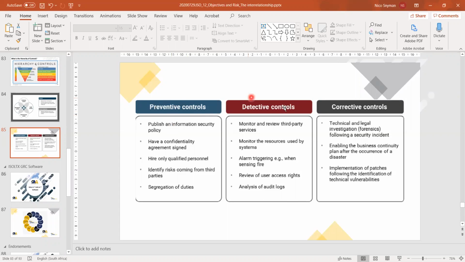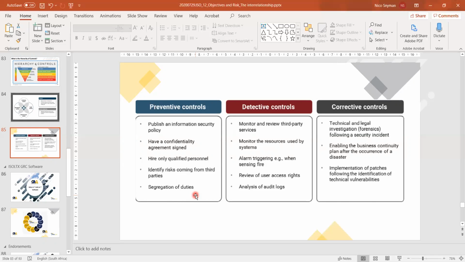Is it detective controls? Or is it corrective controls? Now, preventive controls have to do with proactive controls. How do you build, design, and engineer proactive controls to make sure that everything that you are doing, even the segregation of duties, is controlled preventatively?